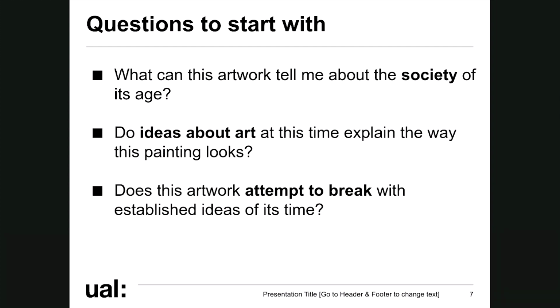It doesn't ask you so much to think about the artwork as it is, but it asks you to connect that to external factors. So perhaps we're looking at an abstract work, a really radically abstract one, and you're having trouble understanding the work itself, but you think, okay, what kind of society would have produced this very radically abstract work, or this very difficult work?